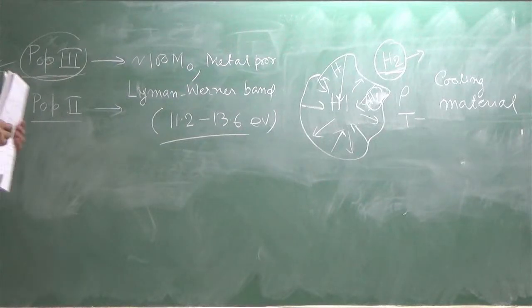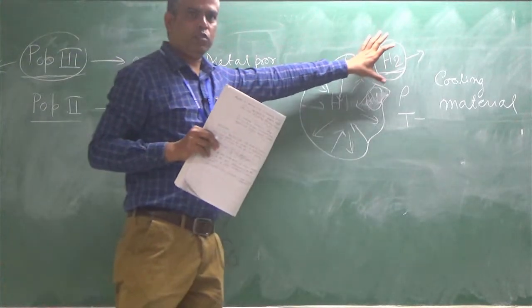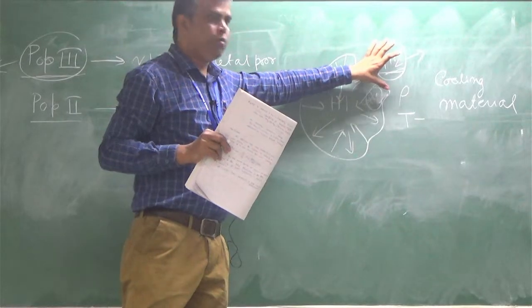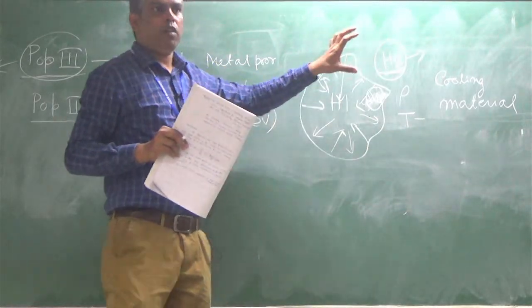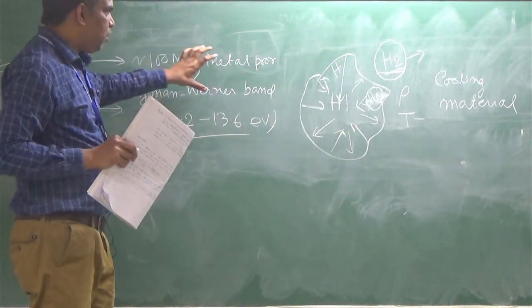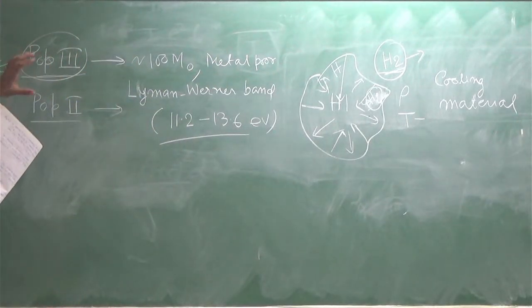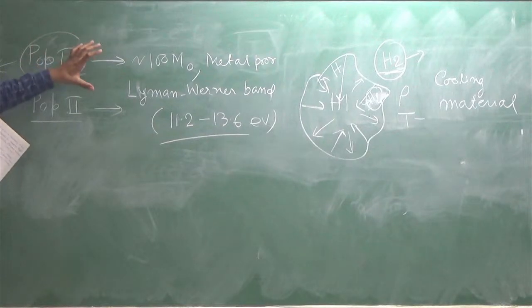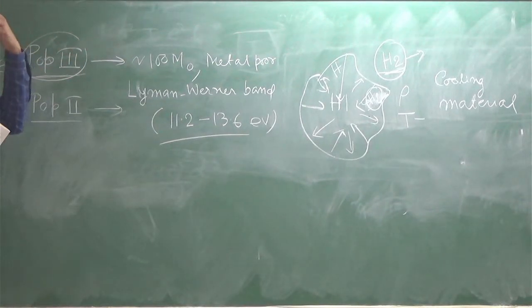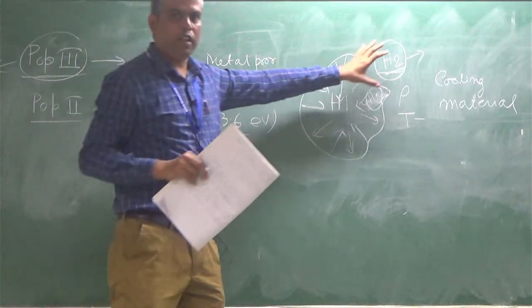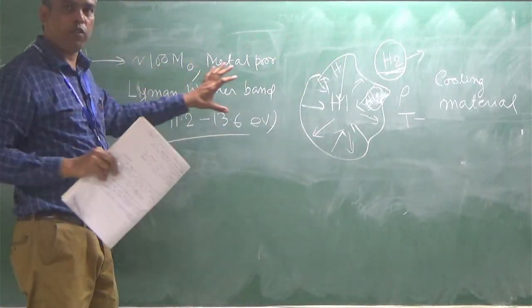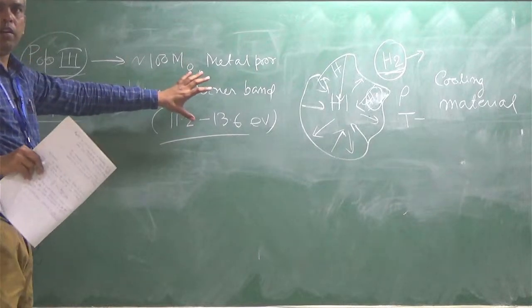Now if you do not have this H2 cooling, then there will be no cooling channel. So after some time, it is believed that these stars will be gone, because you do not have H2. They are destroyed through this Lyman-Werner band.